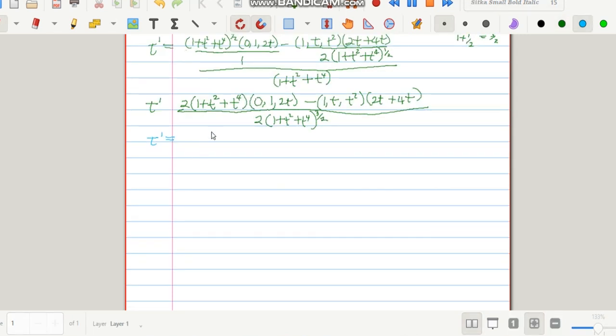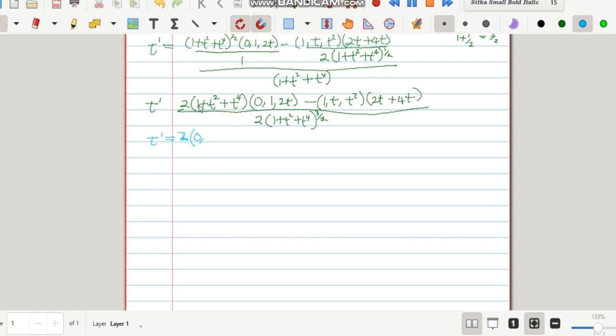So let's open the brackets. We have 2 into, keeping these 2 constant, let's just keep it constant. This multiplying this, you are going to have 0, and then this 0 multiply this, you still have 0, 0 multiply this, you have 0, so everything will be 0.